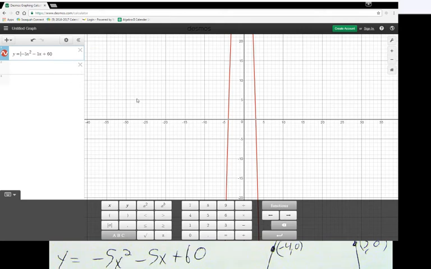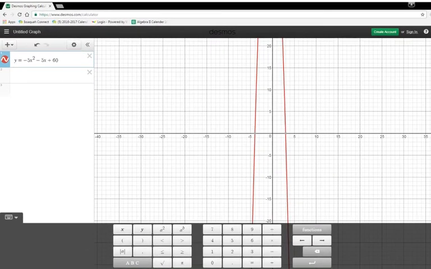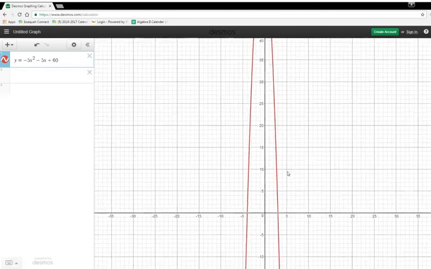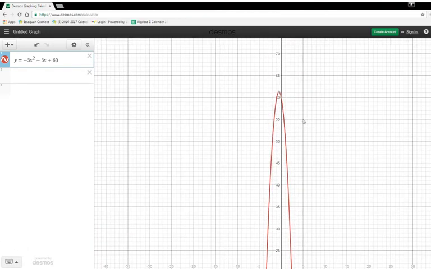All right, let's check this out. I'm going to make this a little bit bigger now, and I just want to make sure the graphs match. So I have a coordinate here at -4, 0. That matches my graph. I have a point here at 3, 0. That matches my graph. Way up here near the top, I have a point up here at 0, 60. That matches.